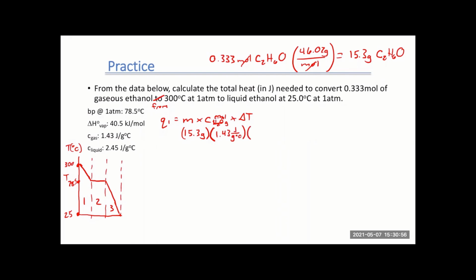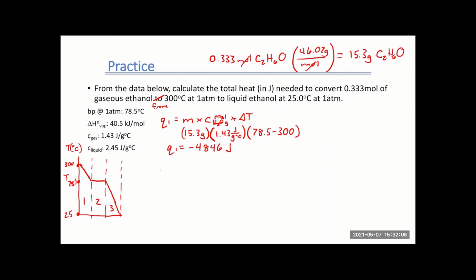And my change in temperature, I went from 300 degrees down to 78.5. So the T final, 78.5, minus T initial. So when I plug all that in for Q1, I get a negative 4,846 joules. I'll worry about sig figs at the end.